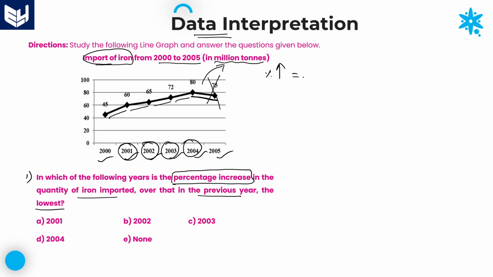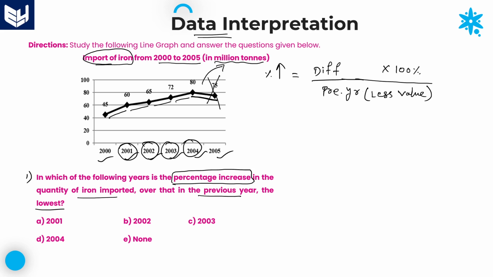What is meant by percentage increment? How are we going to calculate that value? Percentage increment is nothing but the difference between the present year and the previous year, divided by the previous year value, times 100 percent.